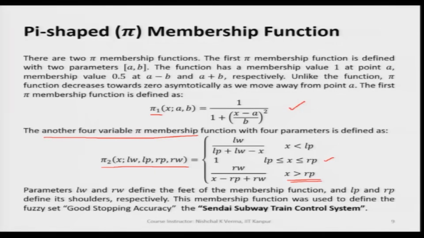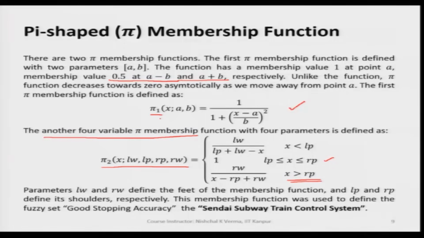Pi 1 is only a 2 variable membership function, and it has membership value 1 at point a and membership value 0.5 at a minus b and a plus b respectively. Unlike the other function, this function decreases towards 0 asymptotically as we move away from point a. This is represented by pi 1.